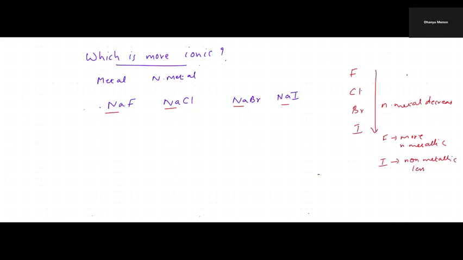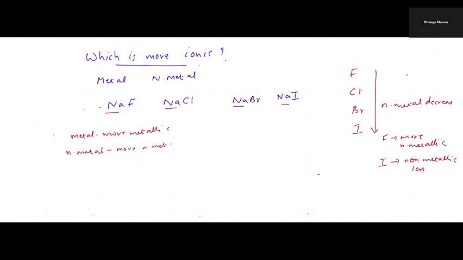An ionic bond is stronger when the metal has more metallic character and the non-metal has more non-metallic nature.